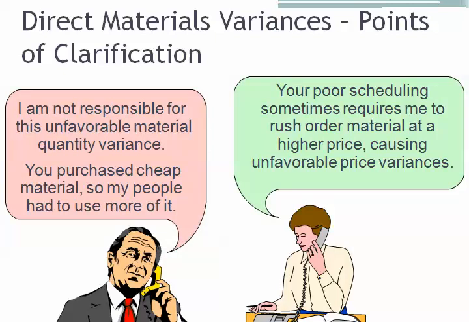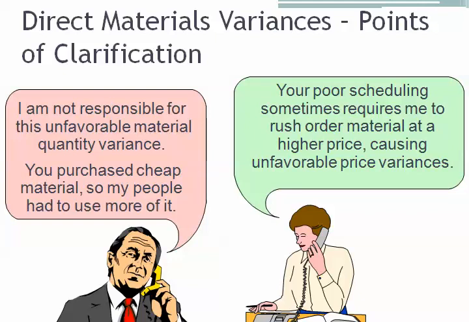This can lead to an interesting dynamic. Our production manager might claim that he's not responsible for the unfavorable material quantity variance because the purchasing manager purchased poor quality raw materials, which resulted in a great deal more scrap or waste than would have been expected.